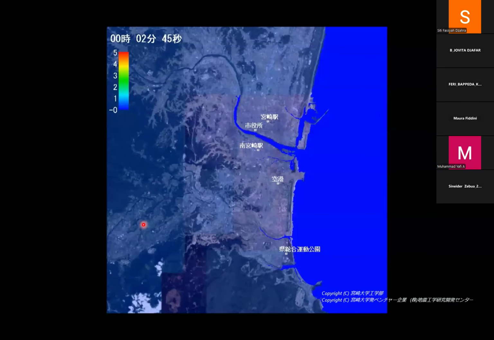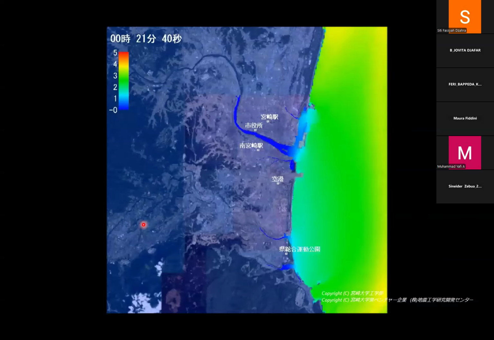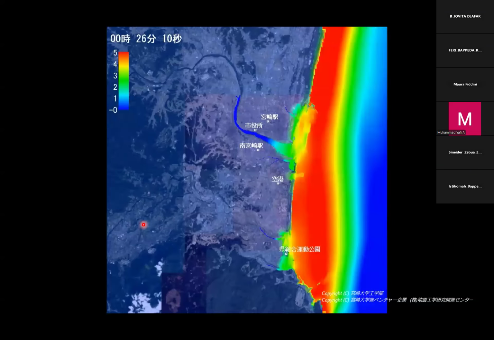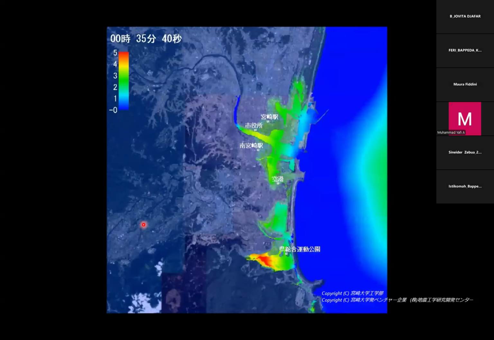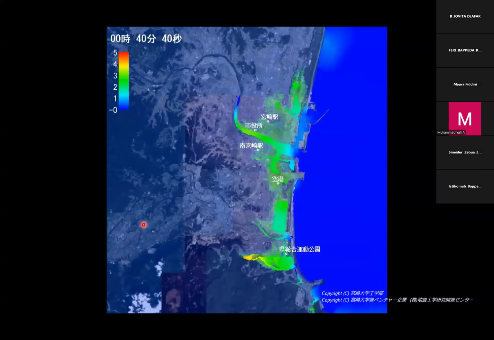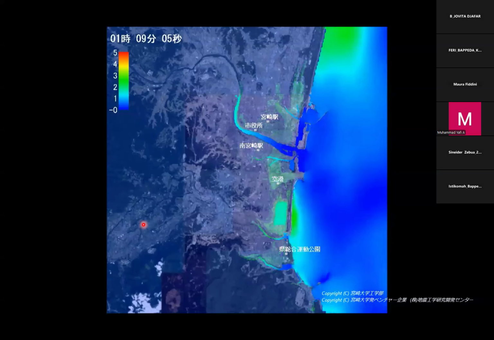In this movie, you can see the change of the water surface elevation in color, and red is a higher wave. This change of the water surface at each time step is obtained from a numerical computation based on the long wave theory, as I mentioned here.